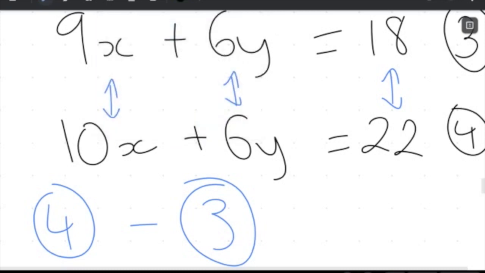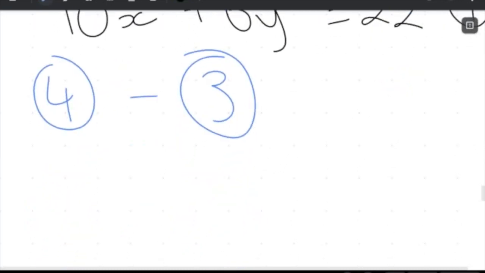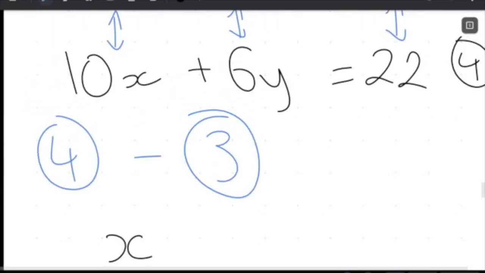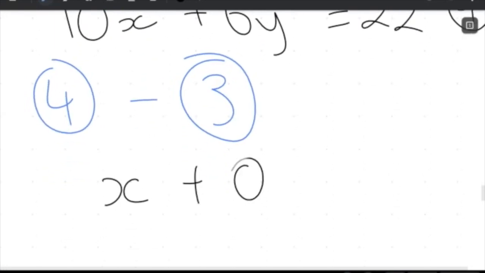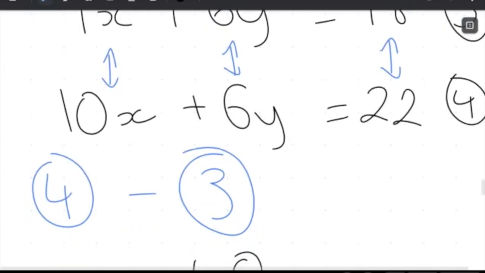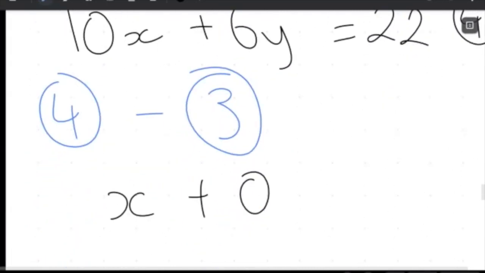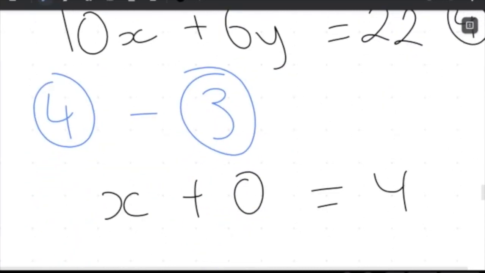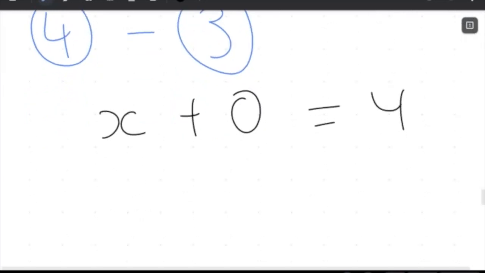So I'm subtracting 9x from 10x, that just gives me 1x, or just x, plus 0, because 6y minus 6y gives me 0, equals 4. And this is relatively simple because there's a 0 here that just means nothing. I have x on its own equals 4. That is my x solution to this equation.